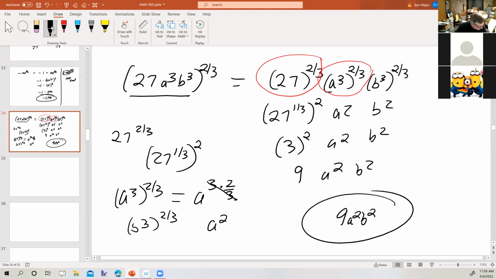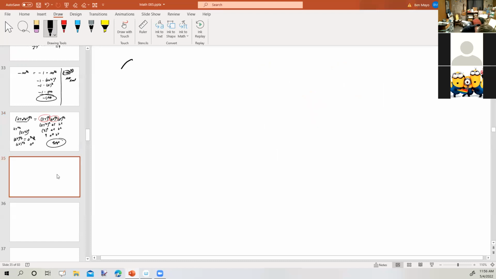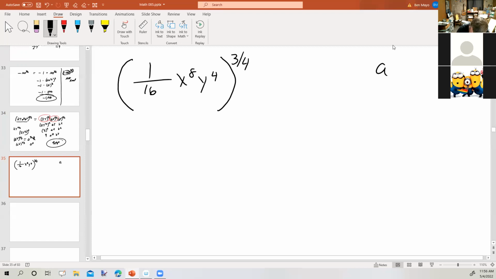Yes. Okey doke. One 16th x to the 8th y to the 4th all to the 3/4 power. If I have a product raised to a power, as before, I attach the exponent to each factor.